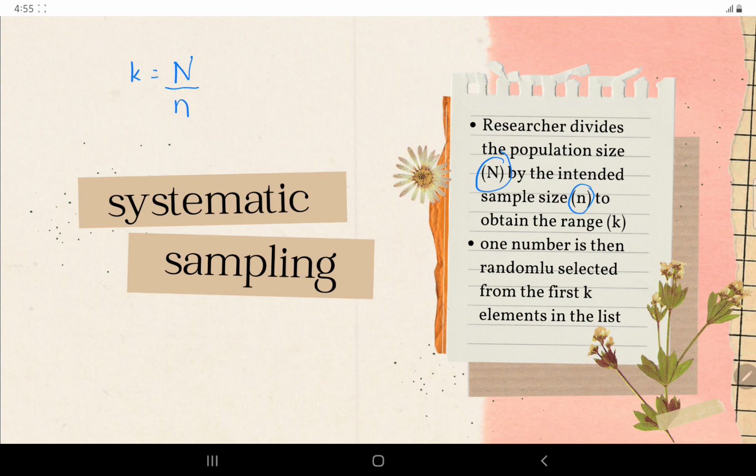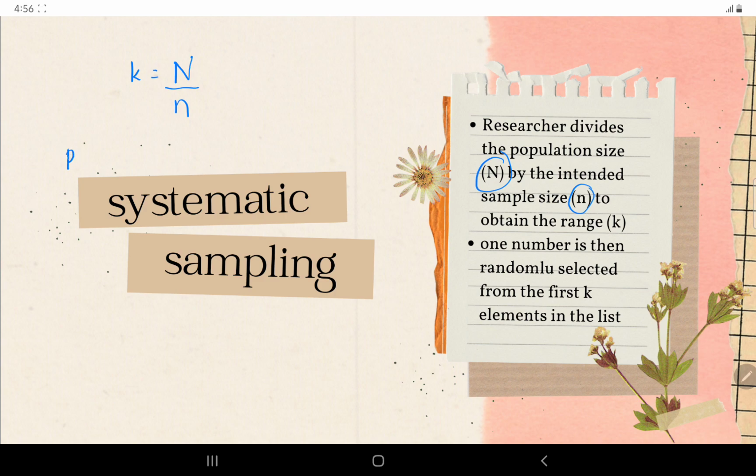So, when the value of K is obtained, K is our range. So, one number is then randomly selected from the first K elements in the list. Okay, for example, in the case of we want to choose samples from population of 1,800 employees.